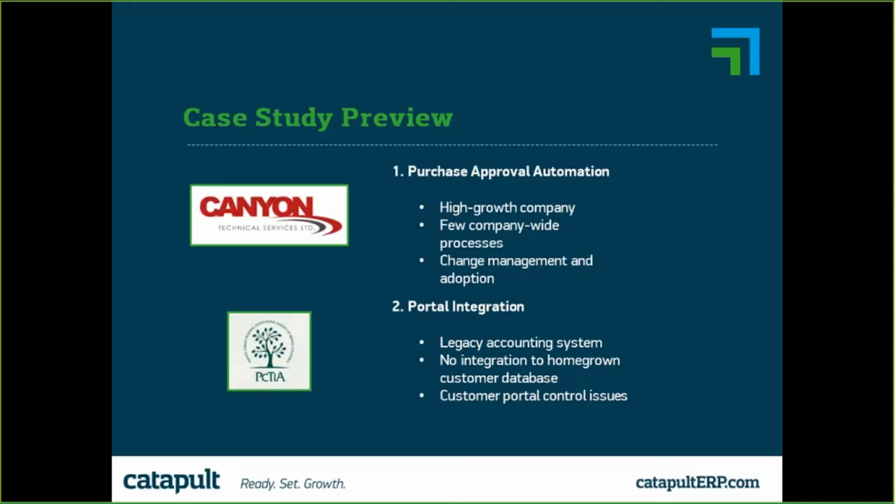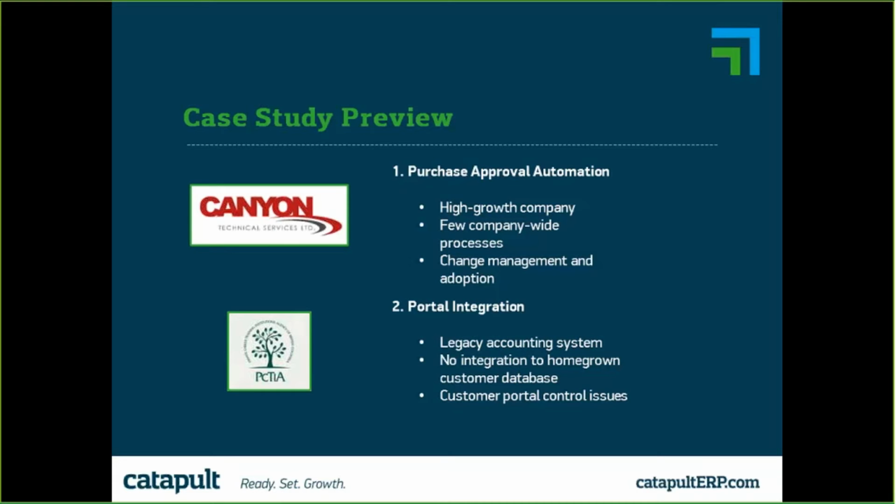So the two case studies that we're going to look at today, the first one is for a company called Canyon Technical Services Limited, and they're out of Calgary, Alberta. We started working with them, I guess about 2.5 plus years ago.